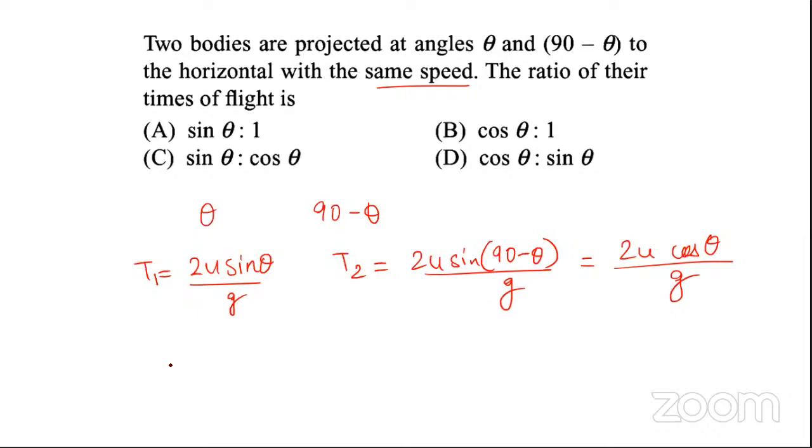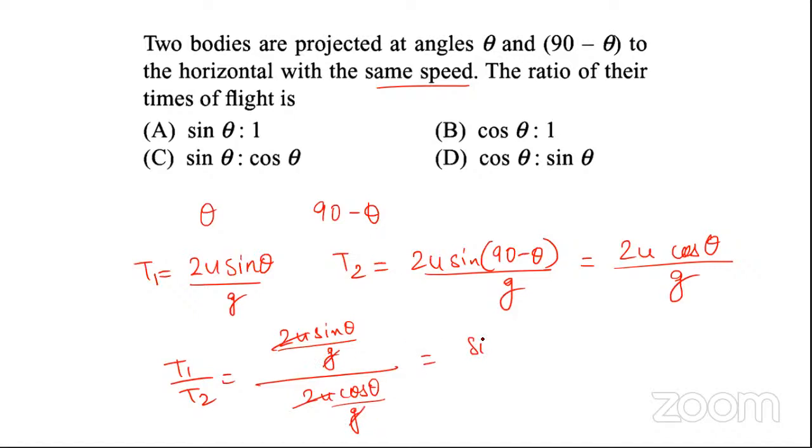So the ratio of the times of flight, t1 upon t2, is 2u sine theta by g upon 2u cos theta by g. 2u cancels out, g cancels out. That leaves us with sine theta upon cos theta. So the ratio of t1 and t2 is sine theta is to cos theta. It is the option C.